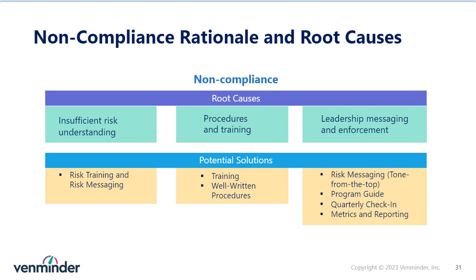We have our actions, but some of these might be easier than others to implement, right? It's not always easy to fix that tone from the top. You can't control what senior management is doing, but there are a lot of other actions we can always take to address the problems. And that's why I want to talk about how to prioritize your solutions.